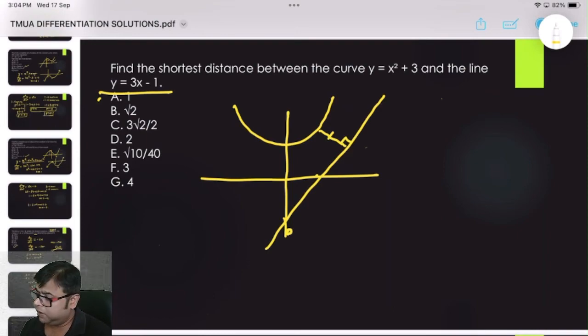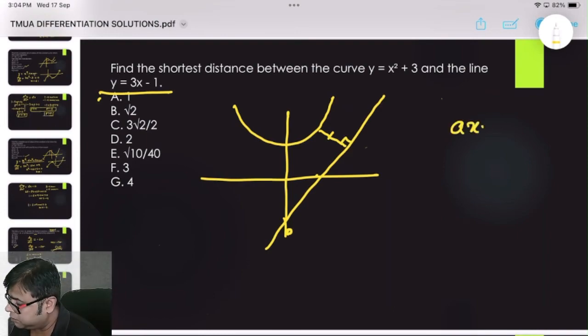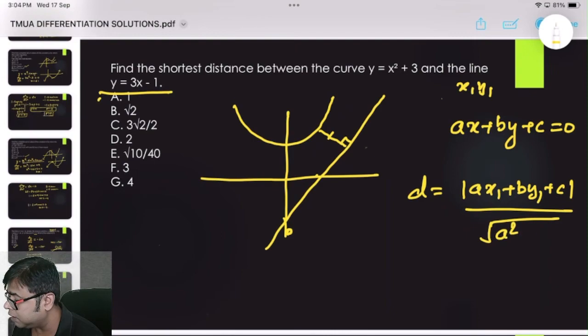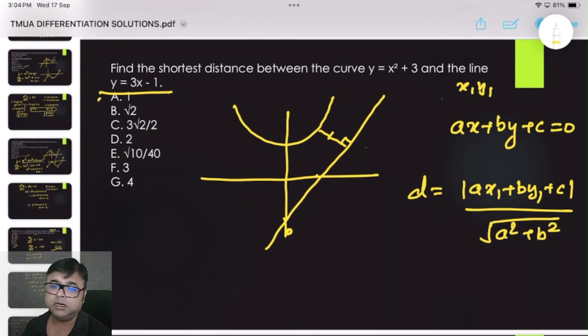Now always remember, if we have an equation ax plus by plus c equal to 0, and we have to find the perpendicular distance of a point, say x1, y1, from this line, then that distance is given by mod of ax1 plus by1 plus c under root of a square plus b square. This result will help you immensely in finding this distance, which I will anyway be covering in coordinate geometry, but it is a very, very important result.